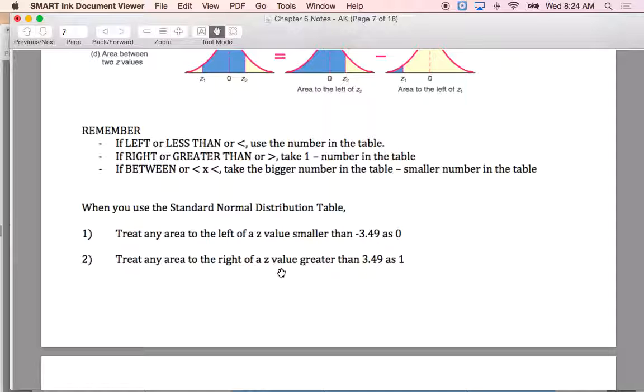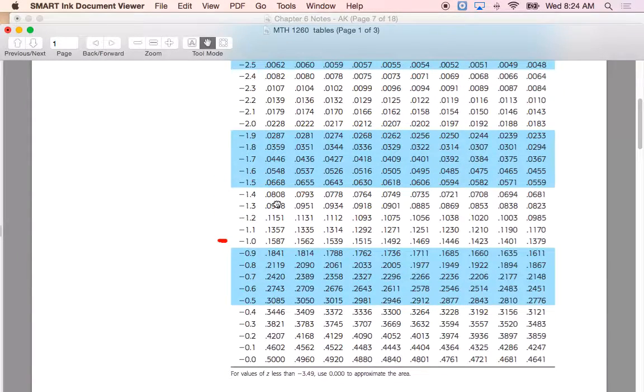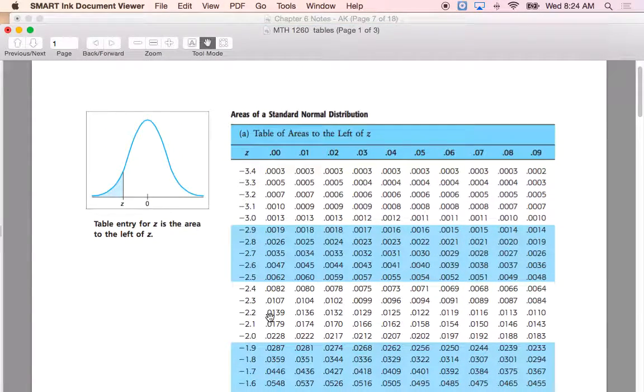If you go back and look at the left of your chart, so if I go back here and look at my negatives, the closer I get to negative 3.49, I get 0.0002. So we're getting closer and closer to 0. So if you're going to go off the page here, you're going to be closer and closer to 0.